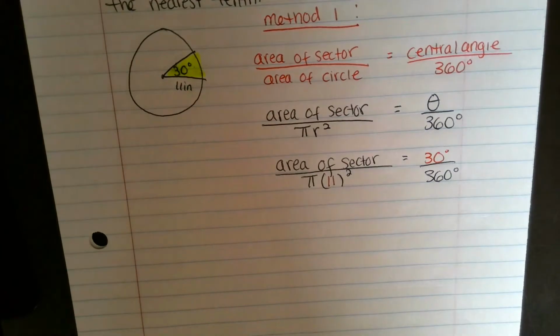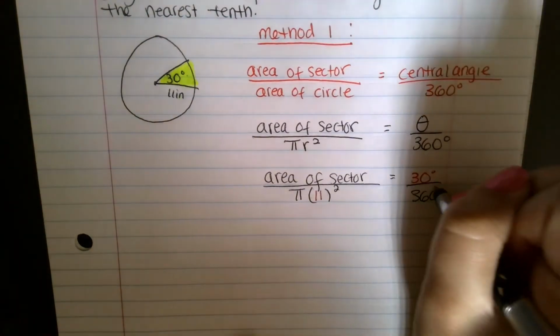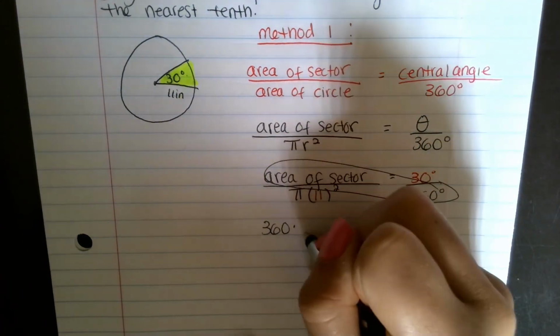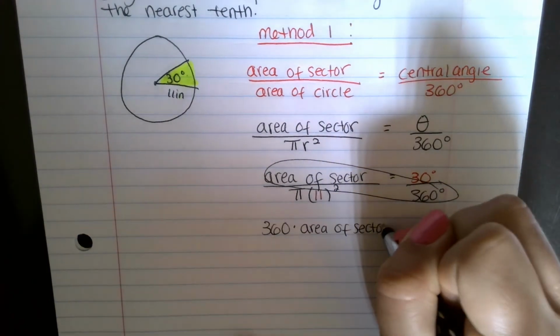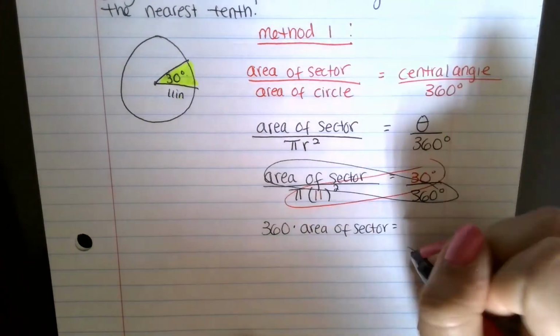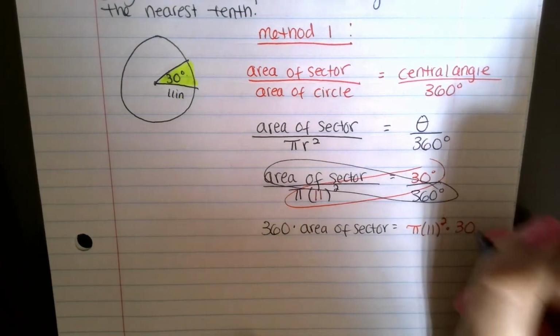And now you can just go ahead and cross multiply. So same style, you have 360 times the area of sector equals, now I'm taking my area of the circle times the central angle.